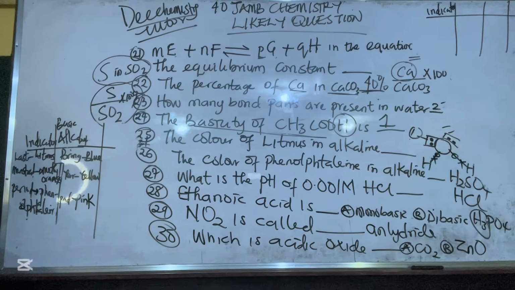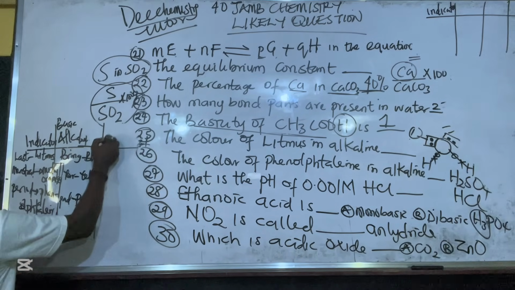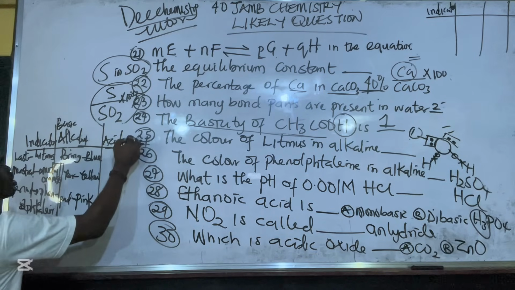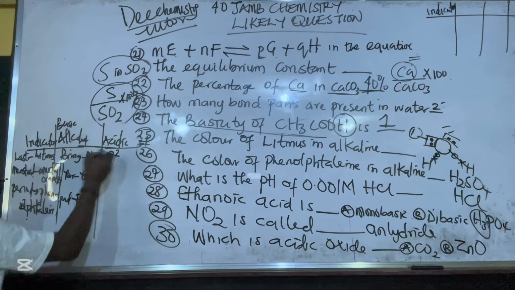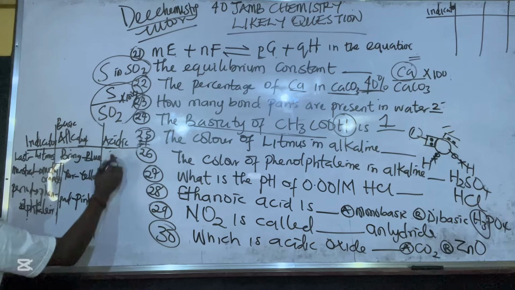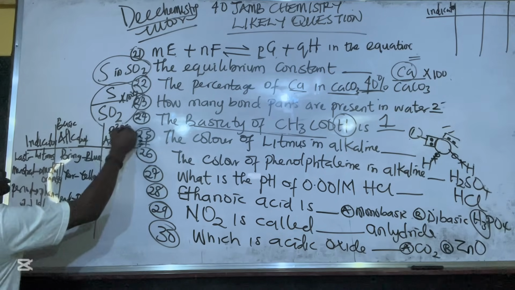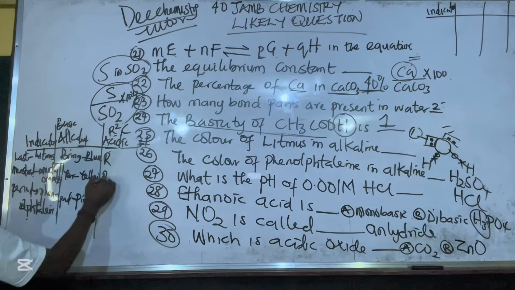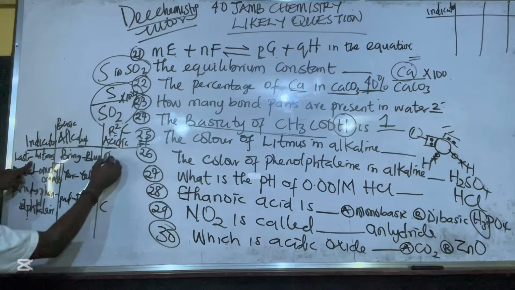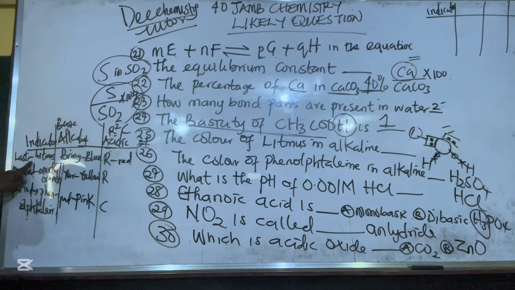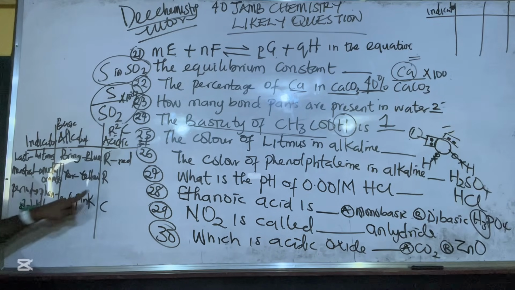It is pink. Okay, now in acidic medium, it will be R R C. What does it mean? Which means in acidic medium, litmus paper is red. Methyl orange in acidic medium is also red.